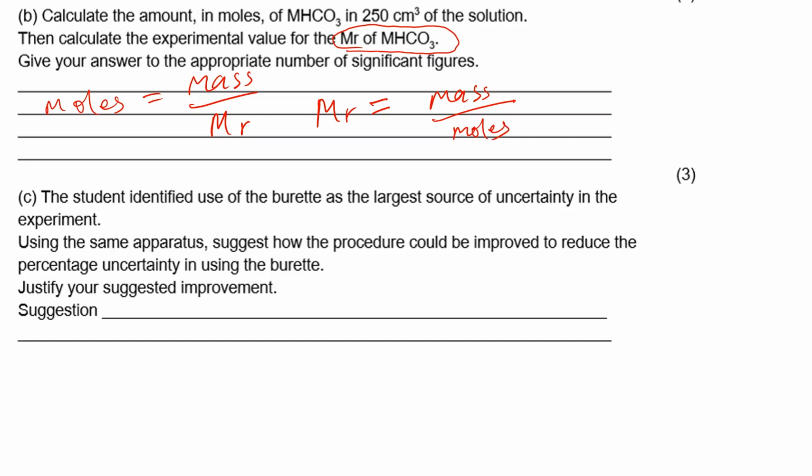What is the mass of MHCO3? From the question, the student dissolved 1464 milligrams. We convert it to grams by dividing by 1000, which gives us 1.464 grams.